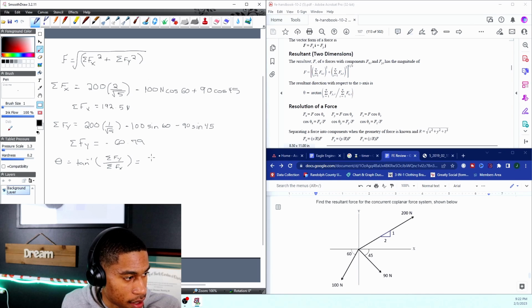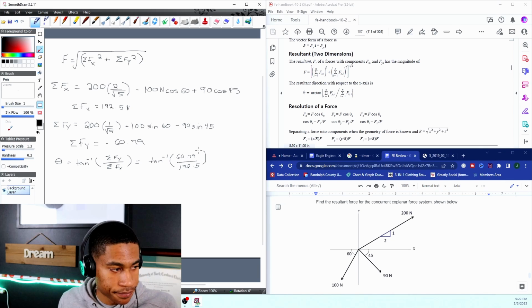Okay, and that just means equal to tan inverse of 60.79 divided by 192.5. All right, see what we get here.